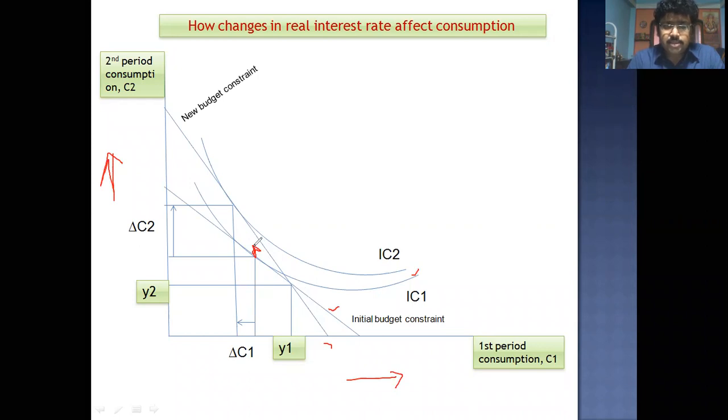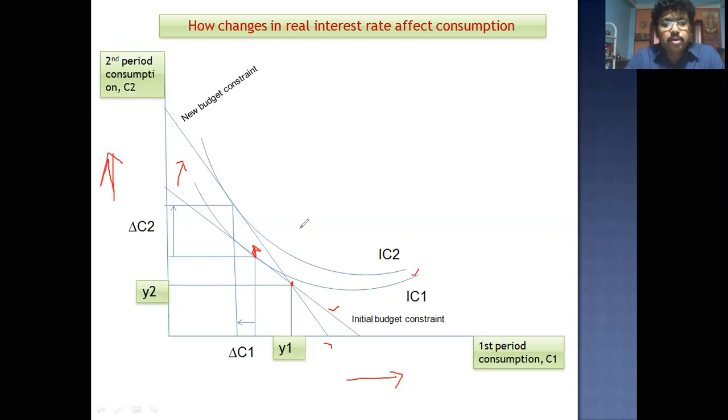As there is an increase in real interest rate, the slope of the budget line will change. The slope of the budget line will change towards the second period consumption. Depending on this point, it will shift to the right.